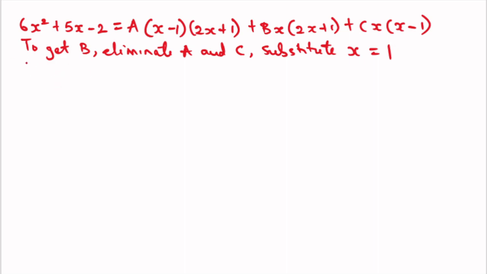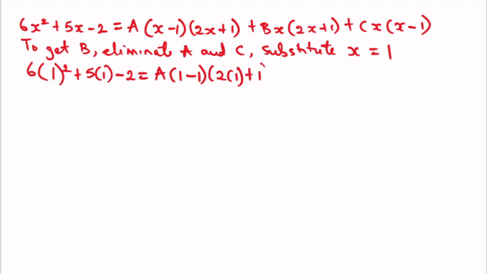So this becomes 6 in the bracket 1 squared plus 5 into bracket 1 minus 2 equal to a into bracket 1 minus 1, 2 into bracket 1 plus 1 plus b bracket 1, 2 into bracket 1 plus 1 plus c bracket 1 minus 1.